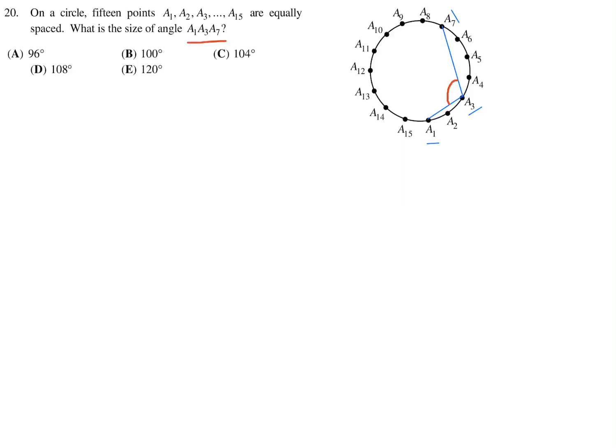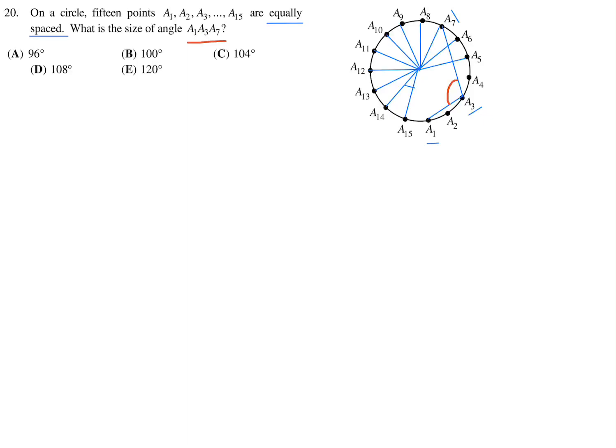A1, A3, A7. Okay, so I'm going to draw this a bit bigger, but first I want you to understand that each of these has a distance from the center to the edge of the circle, right? Like that, each of these. And therefore, each of these smaller ones is going to have a number in terms of its angle size, and they are equally spaced.